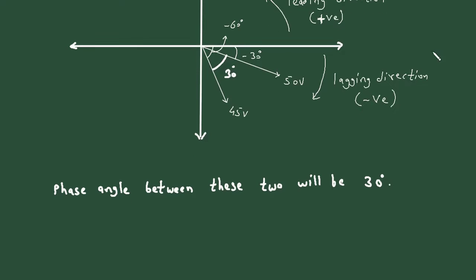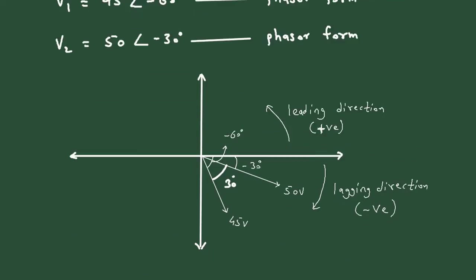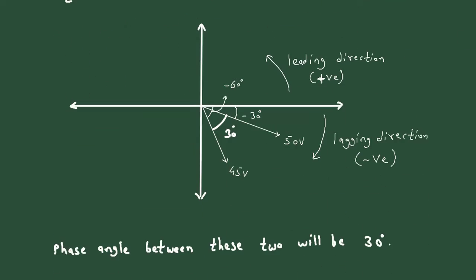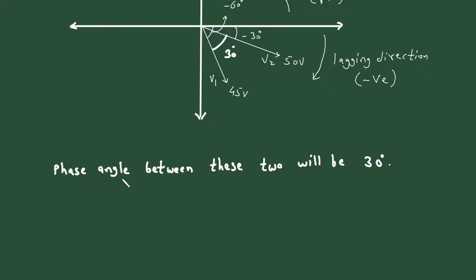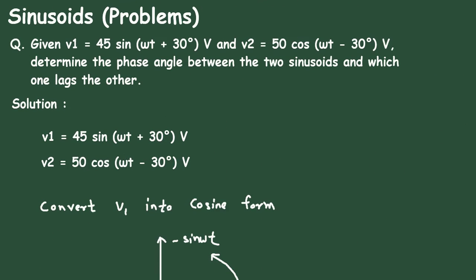So here we can see this 45 volt one is V1 and this is V2. So we can clearly see V1 lags V2 by 30 degree. So this is the answer for this problem.